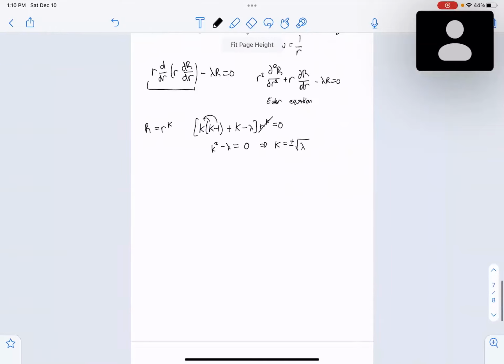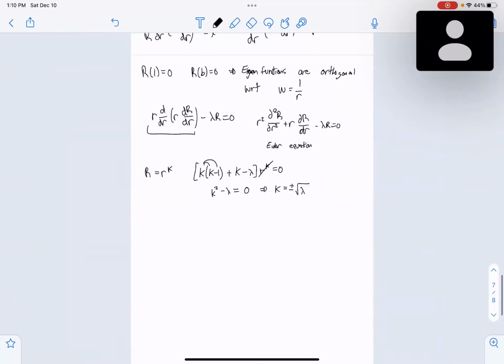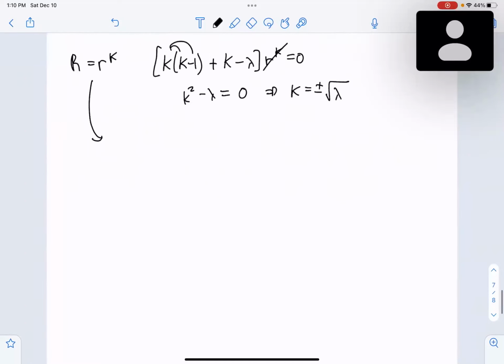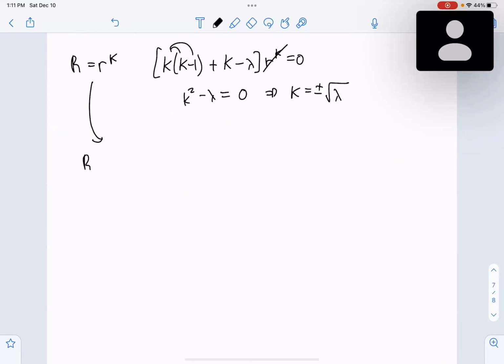Now, with that given, we can go ahead and plug that into this right here. So we had R is equal to r to the k. Now, obviously we have two values for k, so we're going to have to adjust that accordingly. This is going to be A r to the root lambda plus B r to the negative root lambda.